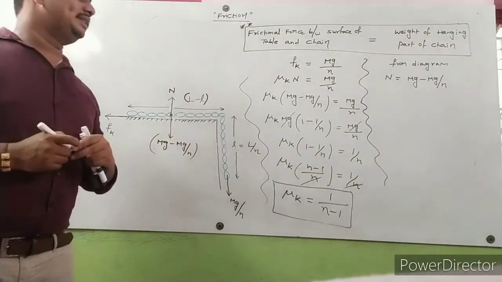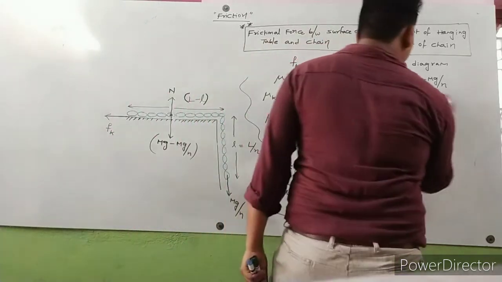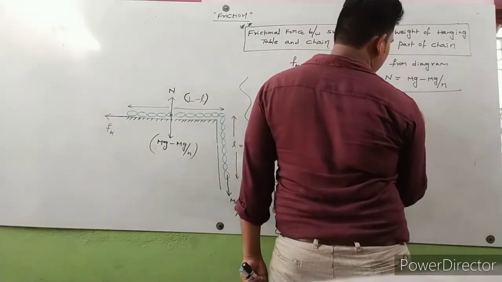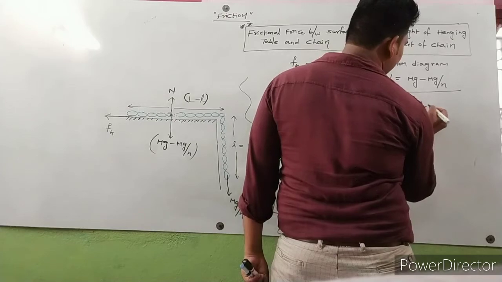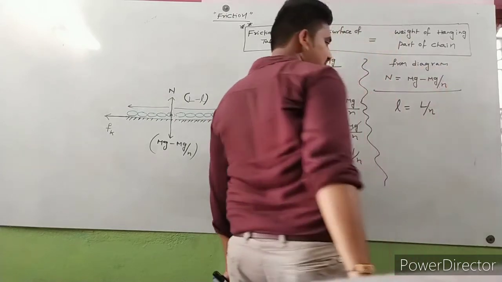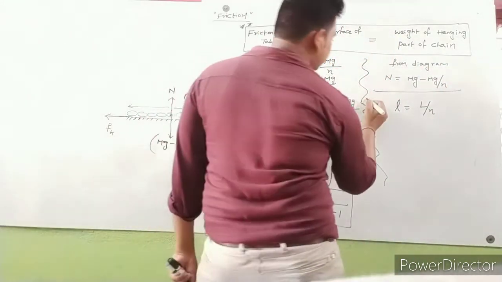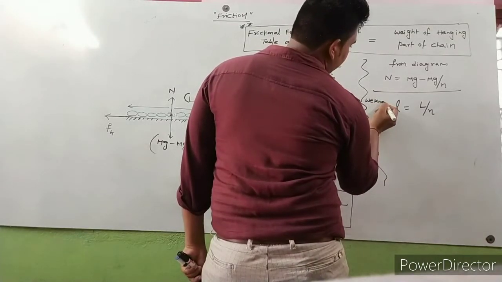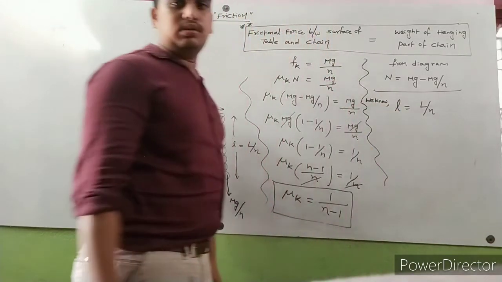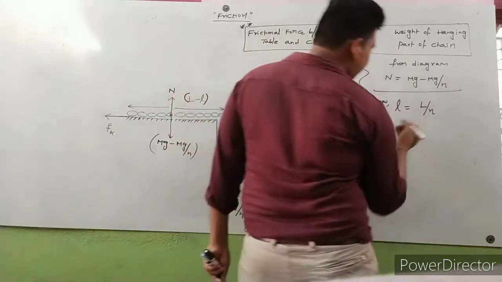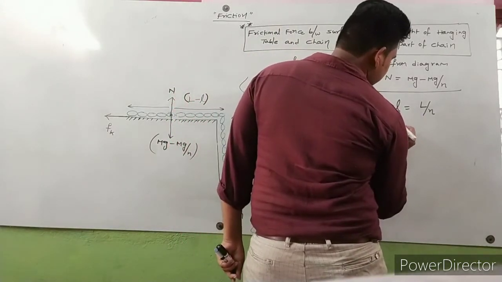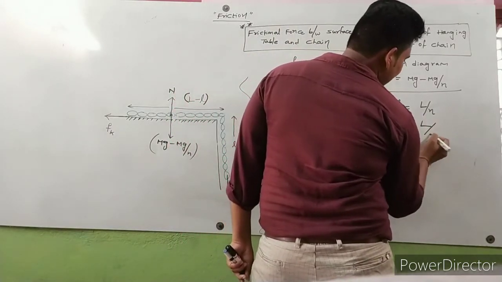Already we know small l is equal to capital L by n, so small n is equal to capital L by small l.